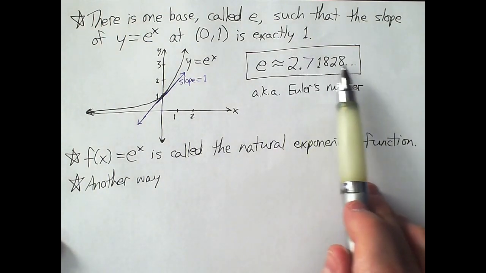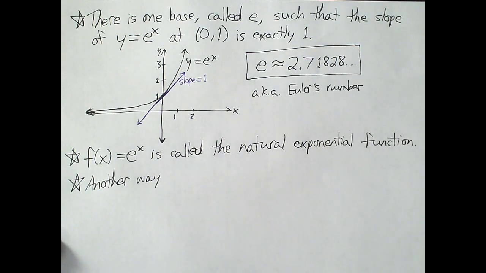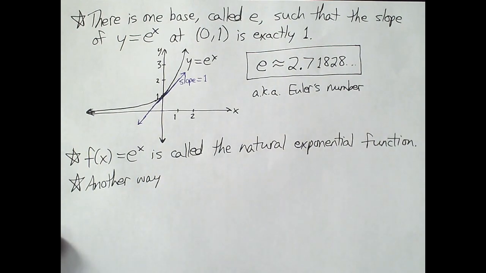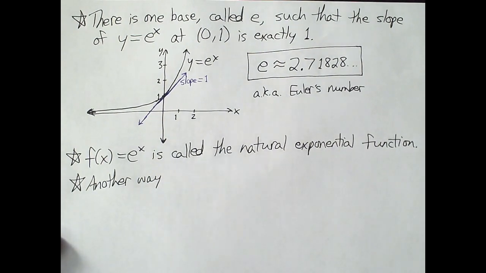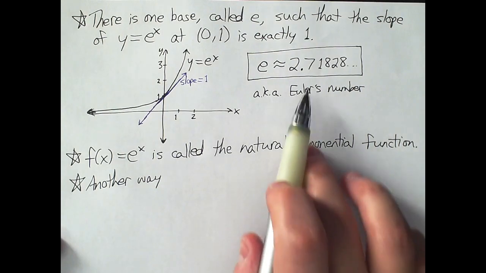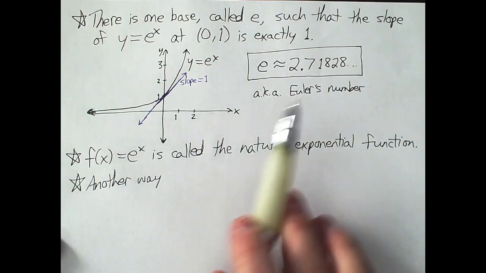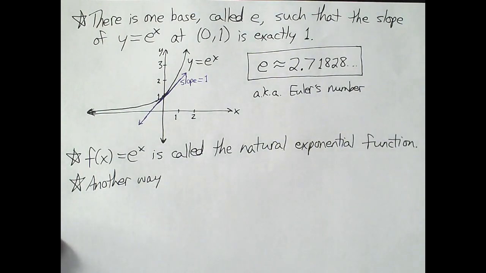This keeps going on forever and ever with no repeating pattern. So we can't write out exactly what it is. It's kind of like pi, where the decimal expansion goes on and on forever. And it's been proved that it has no repeating pattern and never stops.